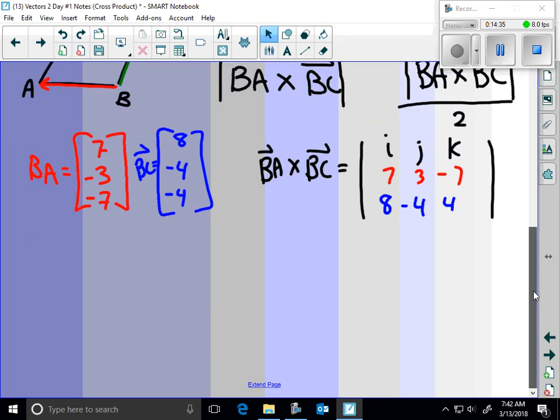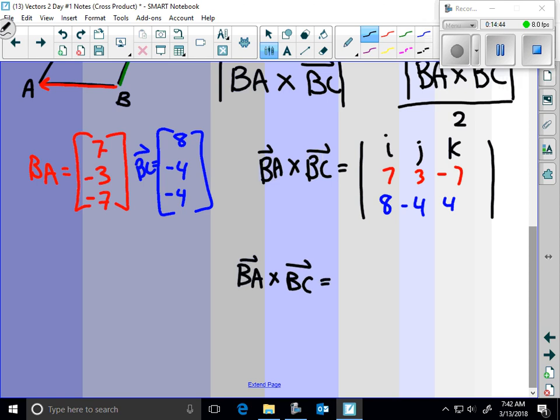We'll go through the mechanics of our work here, doing the actual cross product. So I'm going to have an i, I'm going to have a j, I'm going to have a k. All right, let's see what we get.